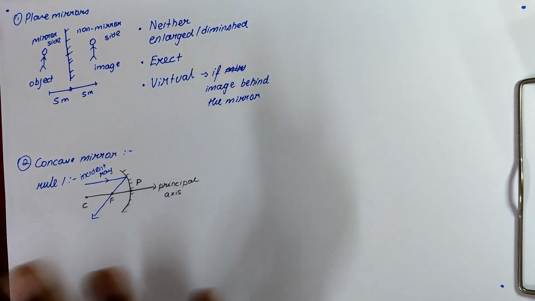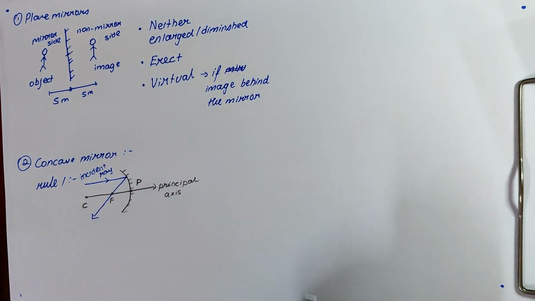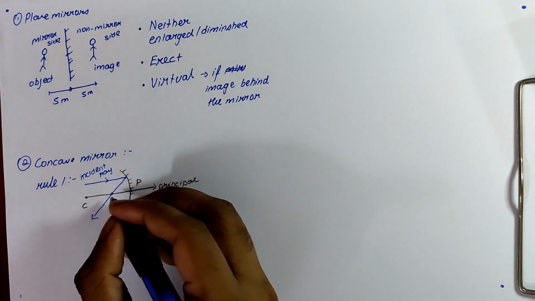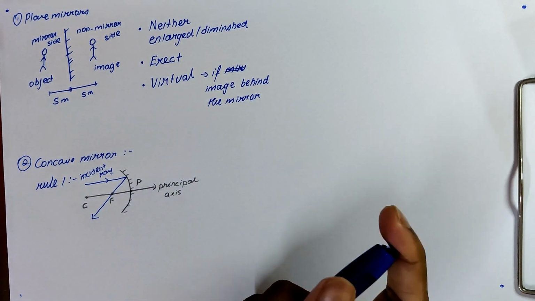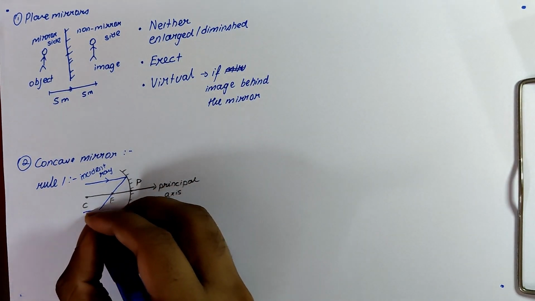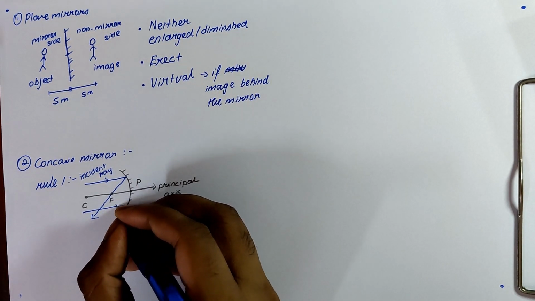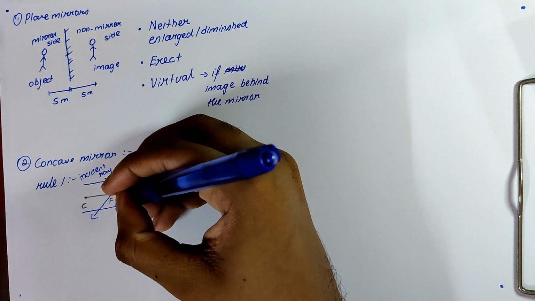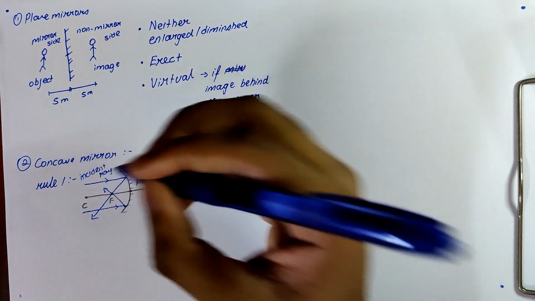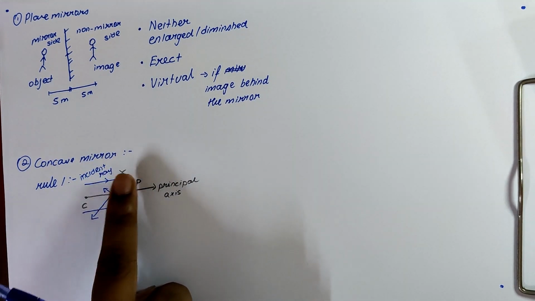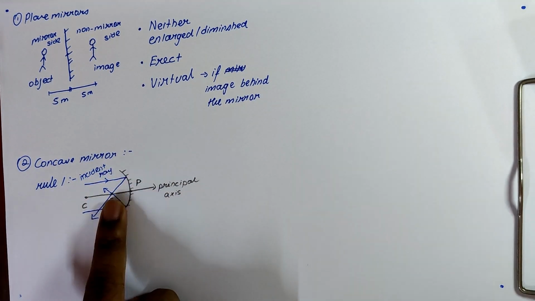Now I can draw many light rays which are parallel to the principal axis, and they all end up at the focus of the mirror. That's the reason why it's called the focus of the mirror. Now let me draw another parallel light ray, and from here it will go back to the focus. This is rule number 1. Parallel rays will always meet at the focus.